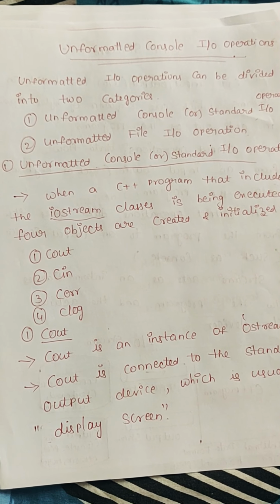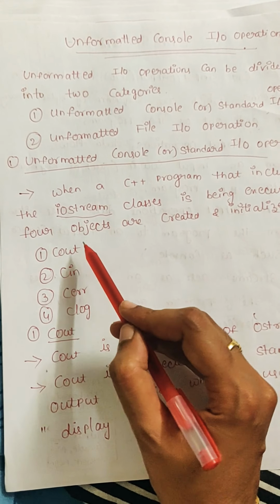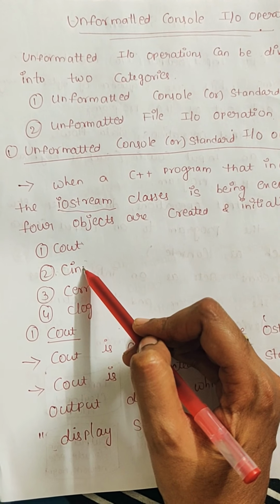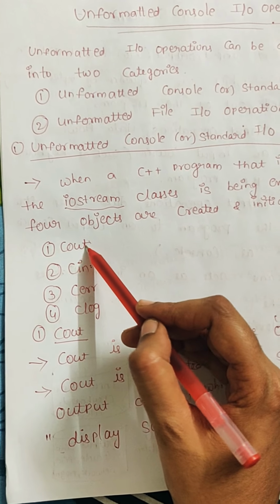What are those 4 objects? The first ones are cout and cin. We use these 2 objects in every C++ program. cout is for output, right?